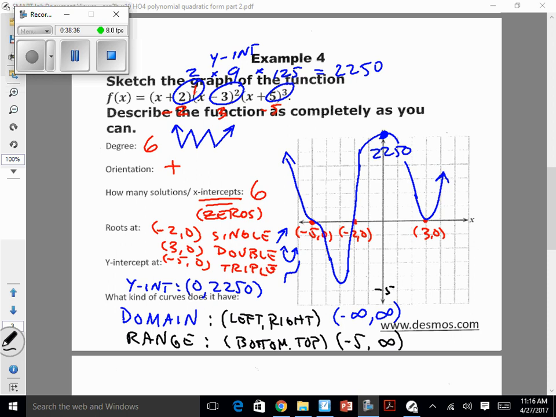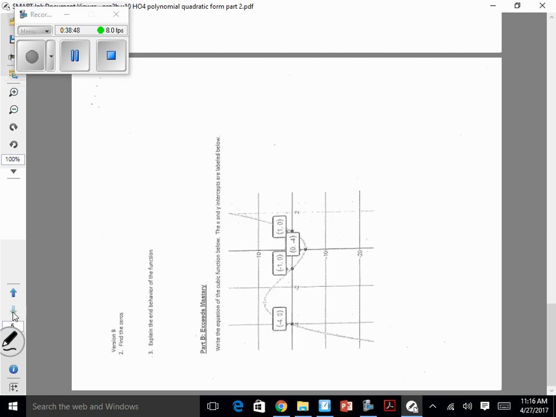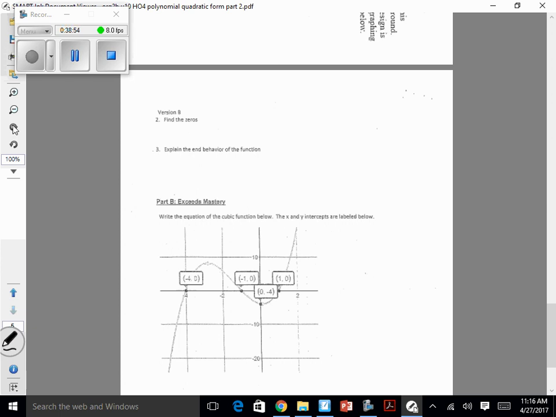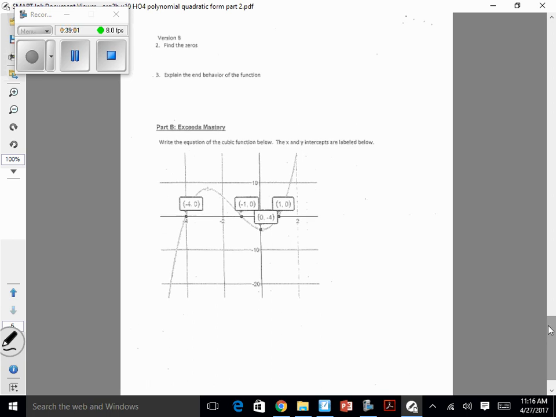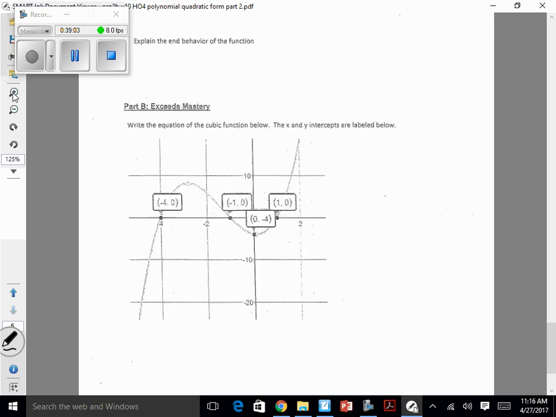Please go to this page here on your right side. On this one, we're going to put down the degree, even though you might get it later. You're going to put down the orientation.